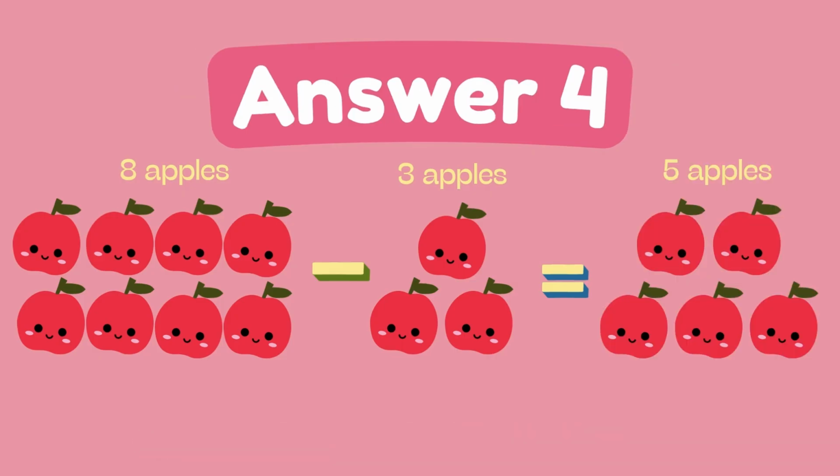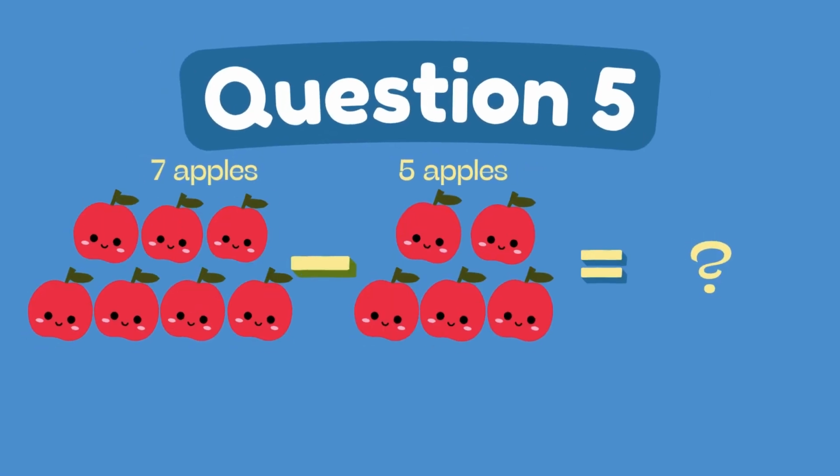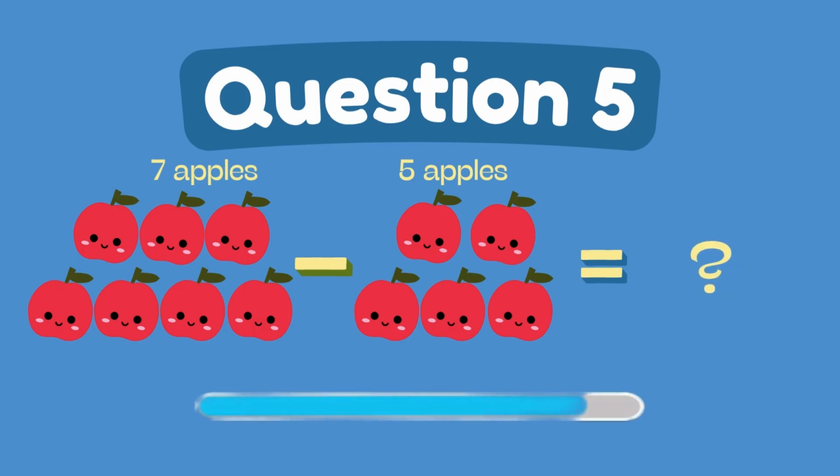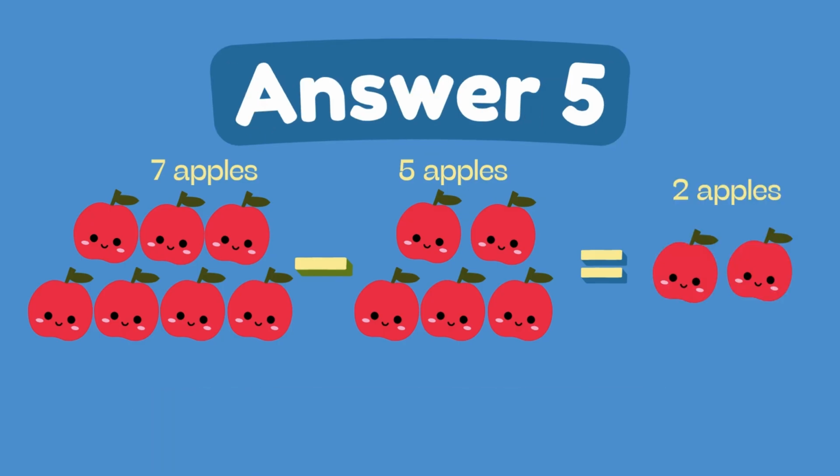The answer is 5. What is 7 minus 5? The answer is 2.